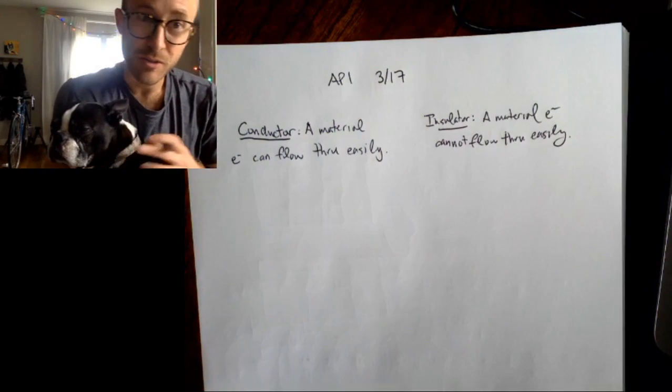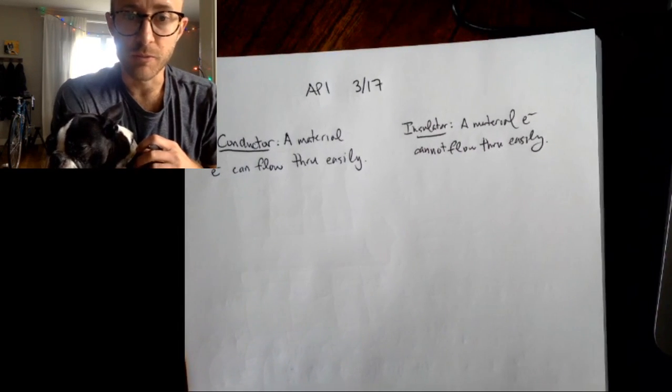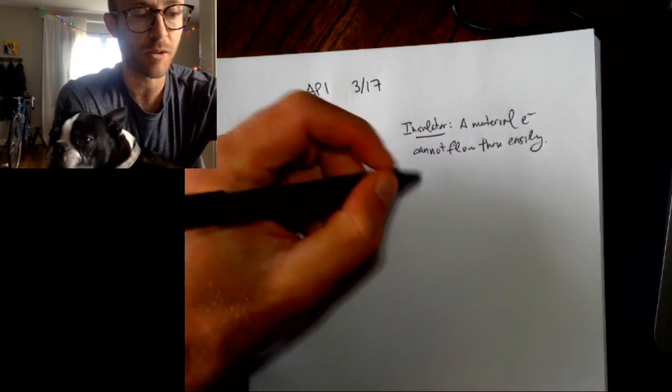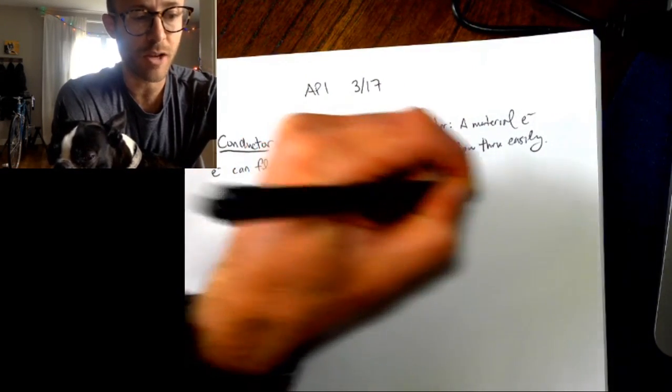These materials are actually different at the atomic level. If we look at an insulator at the atomic level, let's say that these are the atomic nuclei.